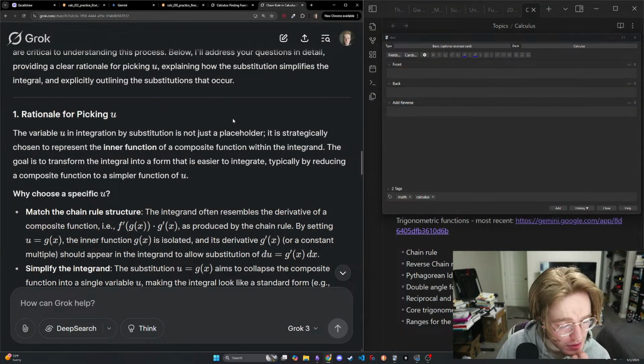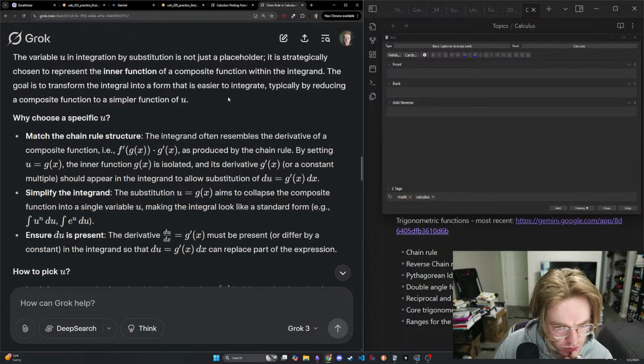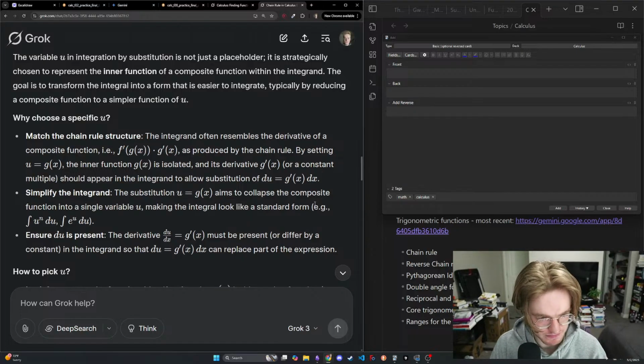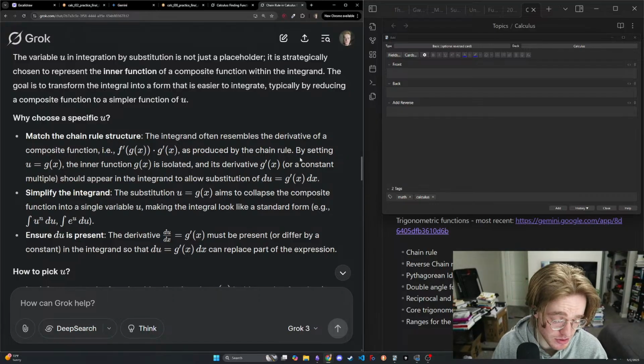Okay, so we're going to integrate this thing. Match the chain rule structure. The integrand often resembles the derivative of a composite function, i.e. it resembles f prime of g of x multiplied by g prime of x as produced by the chain rule.